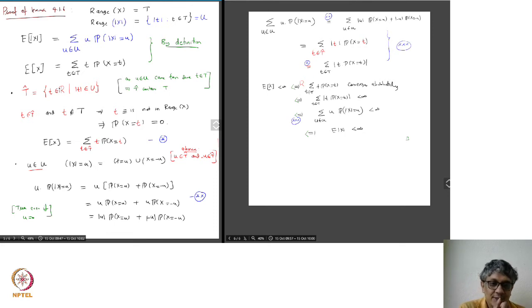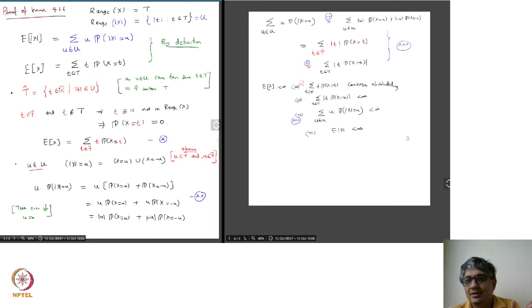You observe that the probability of mod X equals u splits up as probability X equals u plus probability X equals minus u. So once you have these two things, star and double star, on the second page on the right hand side, it's kind of obvious now. You look at E of X, it splits up as two parts.